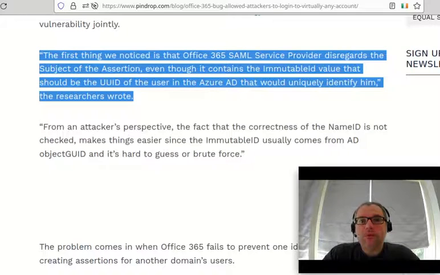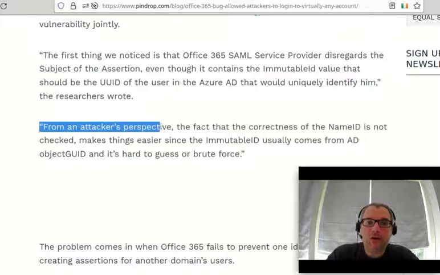The fact that there was no validation was the main important thing. I do love how this article is structured because it's explaining the problem and immediately after going for the attacker perspective.